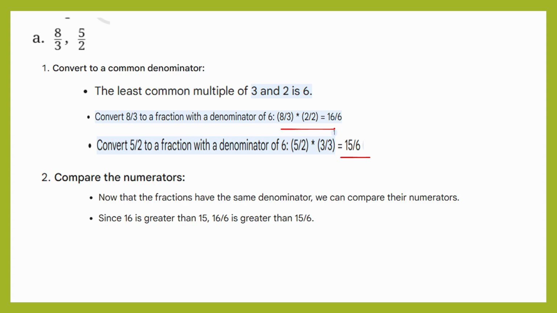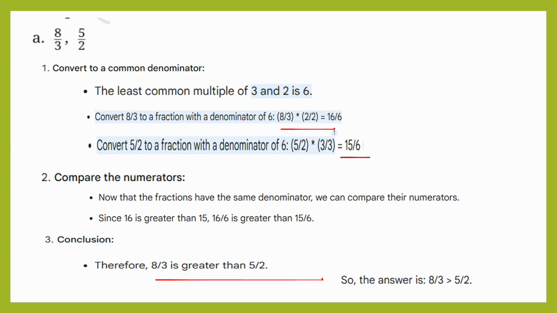Since 16 is greater than 15, 16 by 6 is greater than 15 by 6. So what is the conclusion? Therefore, 8 by 3 is greater than 5 by 2. So the answer is 8 by 3 greater than 5 by 2.